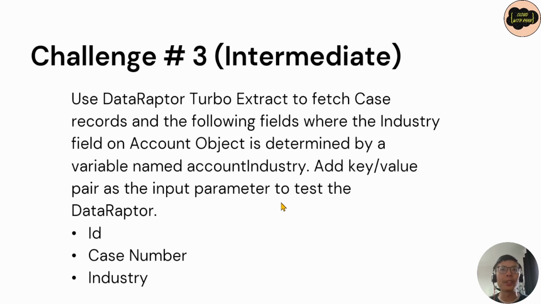Number 3, Turbo Extract to fetch case records and the following fields where the industry field on account object is determined by a variable named account industry. Add key value pair as the input parameter to test the DataRaptor.